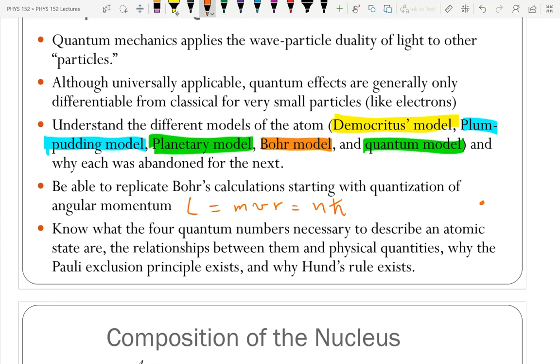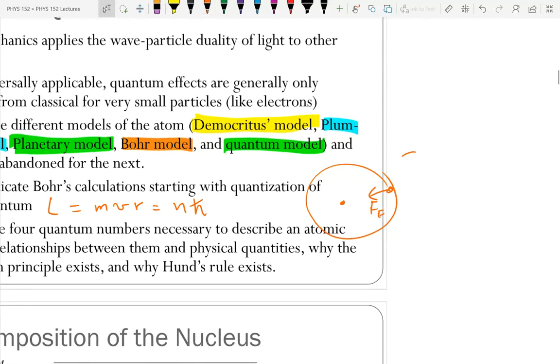And if you have something going in a circle, the sum of the forces toward the center, in this case the electric force, is equal to mass v squared over r.